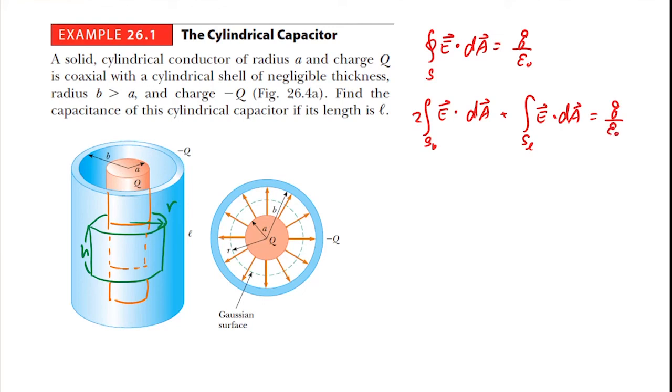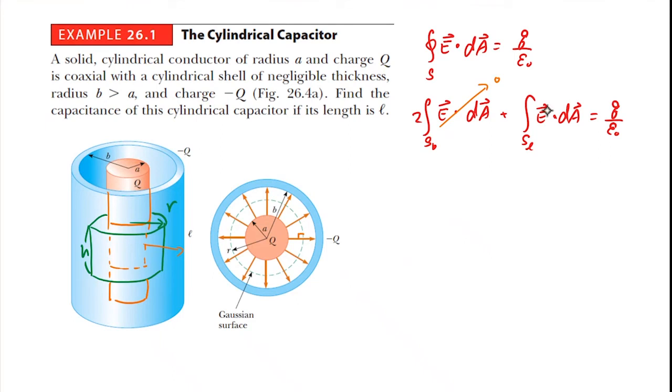So far so good? Now let's look at the direction of the field. This electric field comes out like this, right? So these are all perpendicular to the lateral surface, but nothing is coming out to the top or bottom. Okay, so this dot product is 0, and the other cosine theta will give you 1.